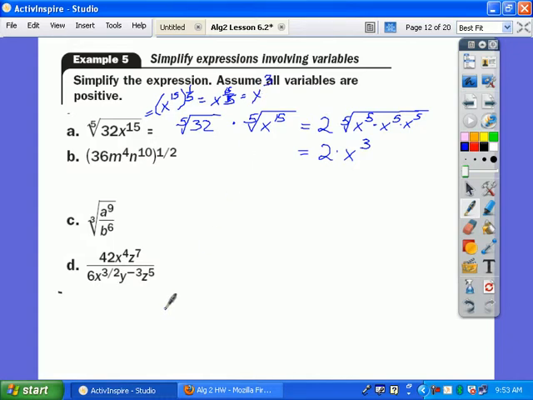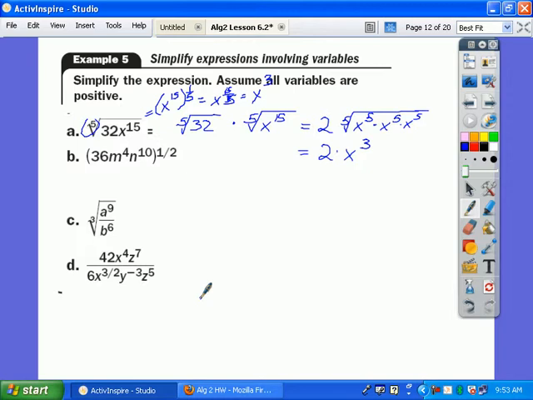Okay, so depending on which method you're more comfortable with, if you'd rather have the rational exponents, we could write this as x to the 15th to the 1/5 power. Remember, a 5th root is the same thing as the 1/5 power, and then 15 times 1/5 is just 3. Okay. Either way, we need to be comfortable at least doing that one way.